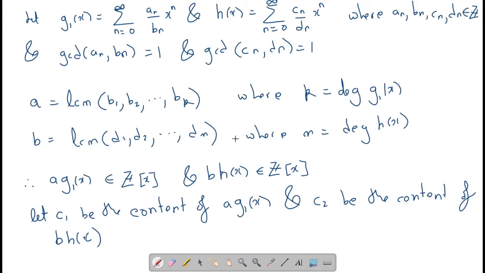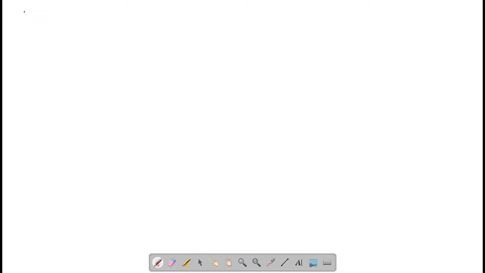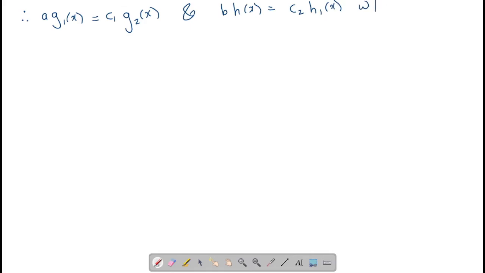Therefore, what we can do here is we can write a times g1 of x as c1 times g2 of x, and b times h of x as c2 times h1 of x, where g2 of x and h1 of x are primitive polynomials.